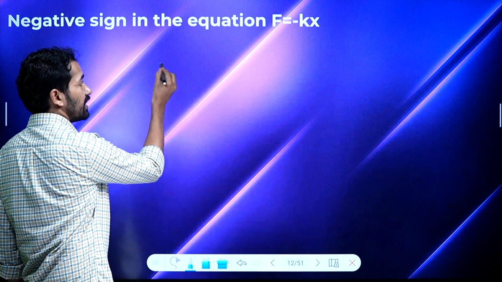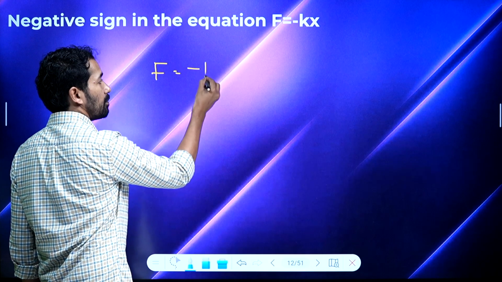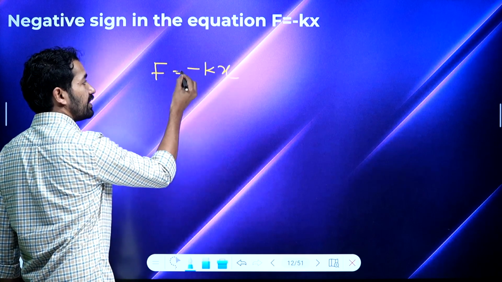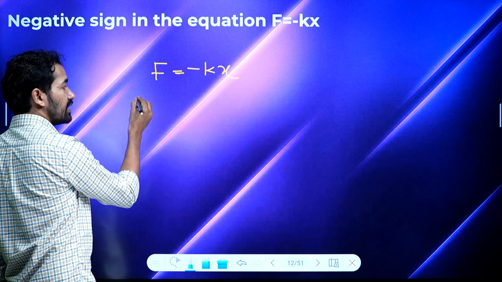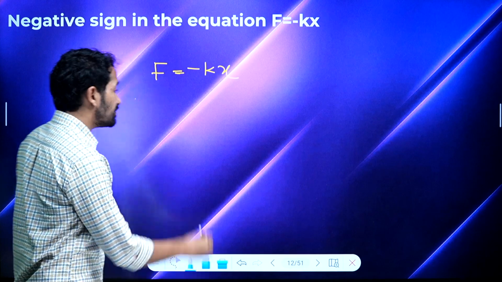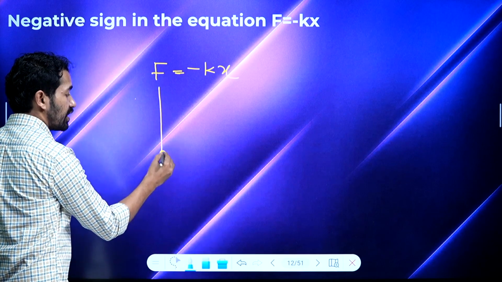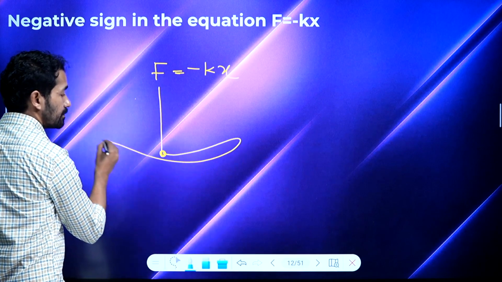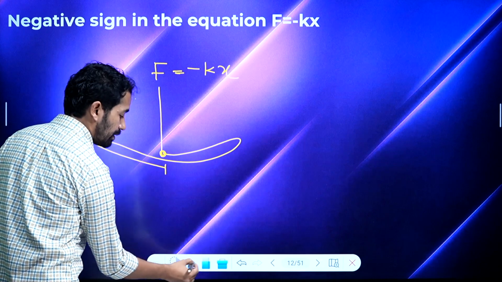Okay, you know that, see, force is equal to minus kx. Why did that minus sign come? Minus sign is because displacement is always measured from the mean position. You are having a simple pendulum. See, this is your simple pendulum.